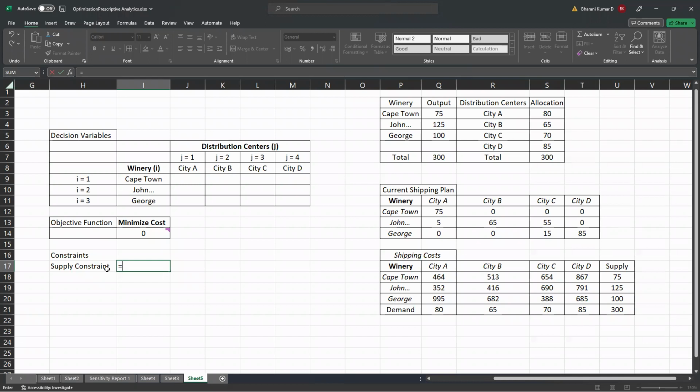Okay, let me write it down. Then we'll put it in Excel. So if you take i equal to 1, then x11 plus x12 plus x13 plus x14 should be equal to the supply at that unit.